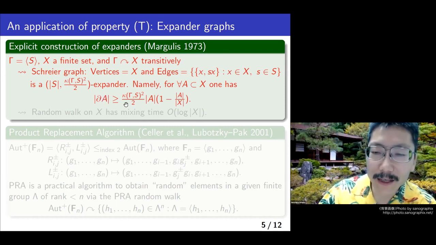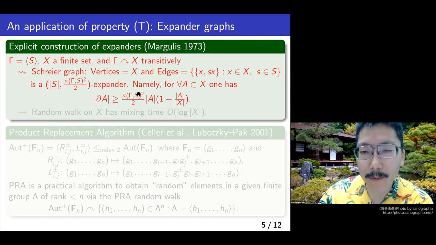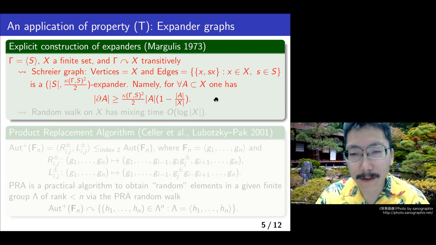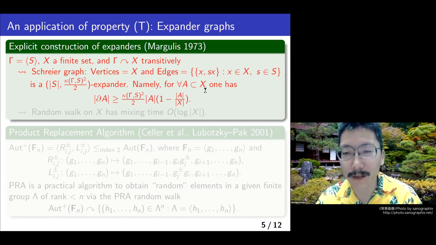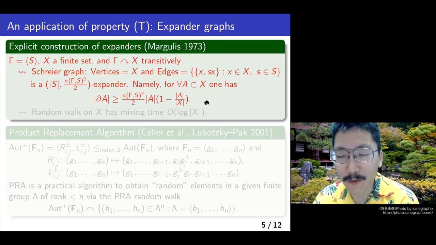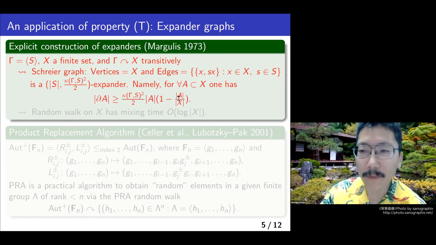This is a fixed constant, independent of the size of X. It only depends on gamma and S. But this cannot happen when A is X itself, since there's no boundary at all, so there's a correction term, which doesn't matter if the size of A is at most 1/2 of X.